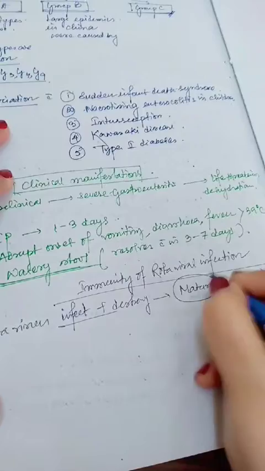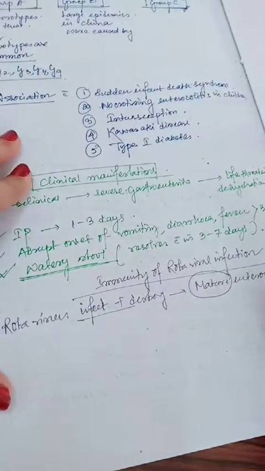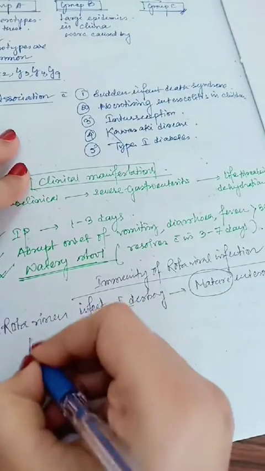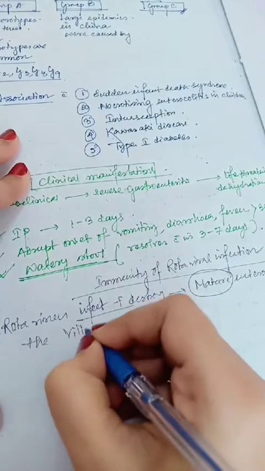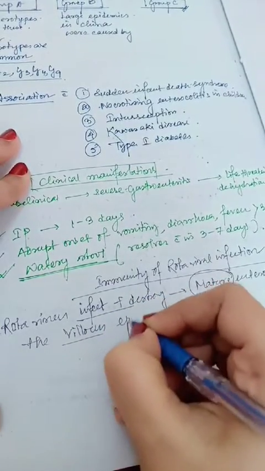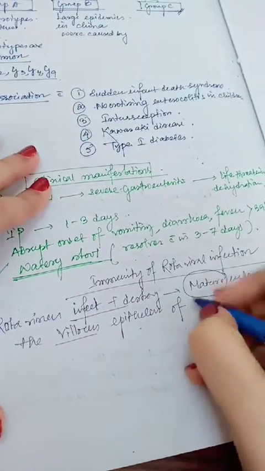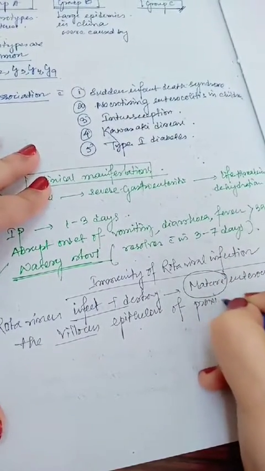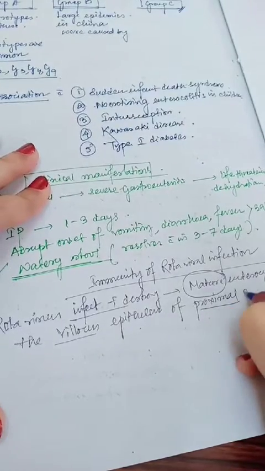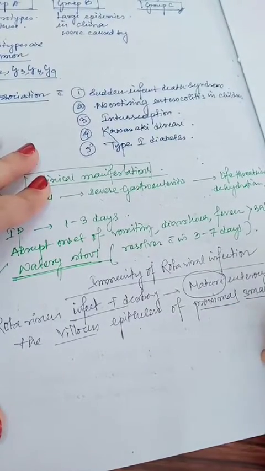These mature enterocytes are important, in the villus epithelium of proximal small intestine. So proximal is important, small intestine is important.